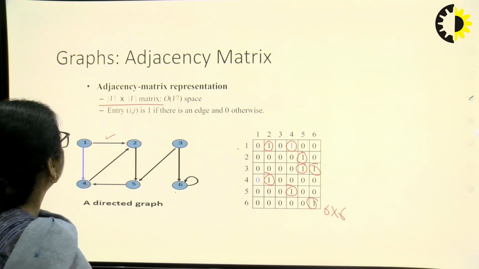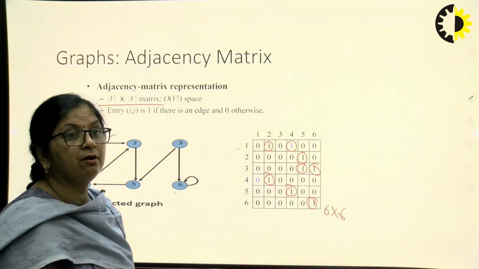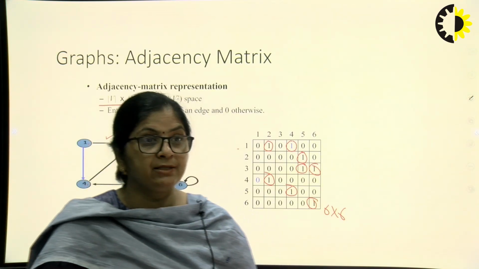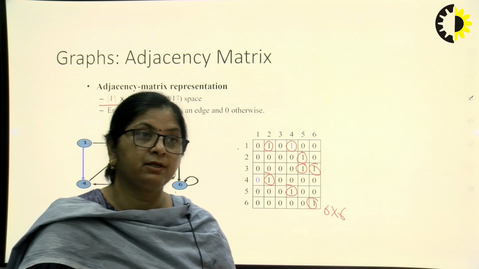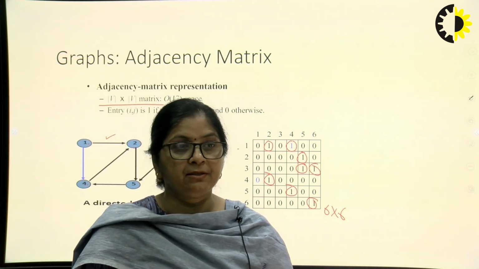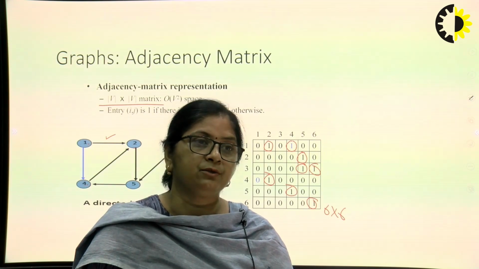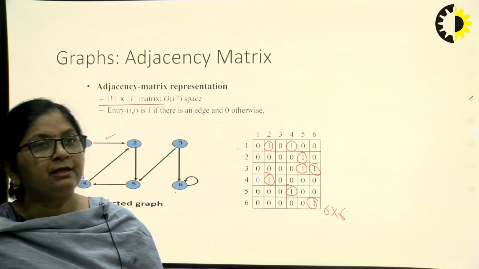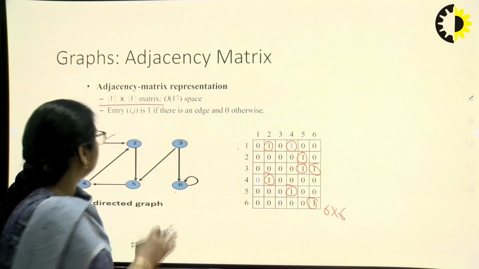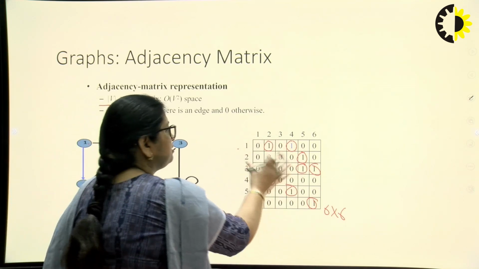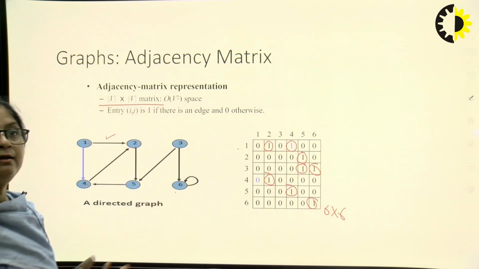So in this particular video, we talked about the basics of graphs, some important definitions of graphs, and then we talked about graph representation using matrix and using list. For a dense graph, we prefer the adjacency matrix. Why? Because when we have a dense graph, almost all entries will be 1, containing information.